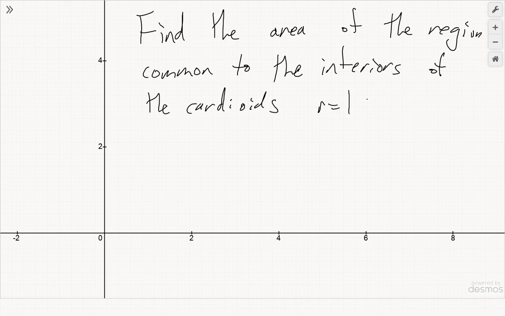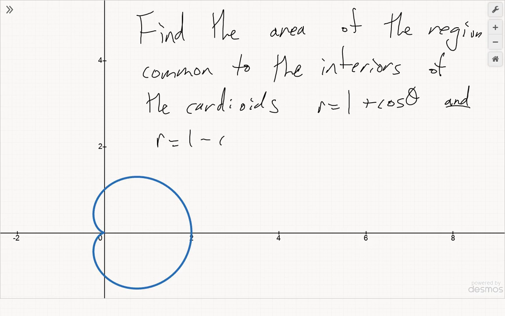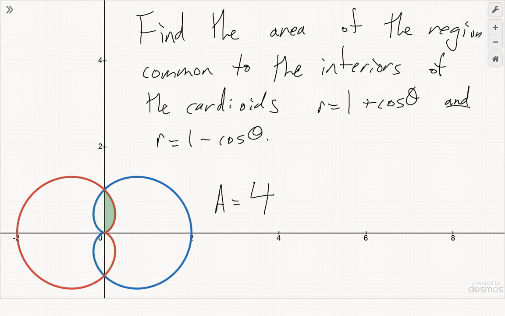So the cardioid r equals 1 plus cos theta and r equals 1 minus cos theta. So our region that we're interested in is this green shaded region. But by symmetry, we can calculate just one of those and then multiply the result by 4. Okay, so our area is going to be 4 times some integral.